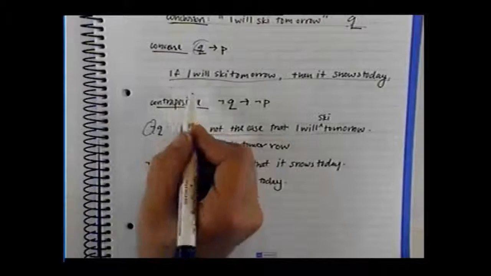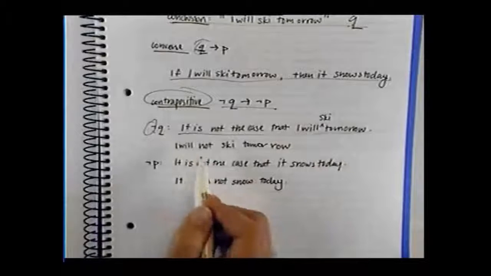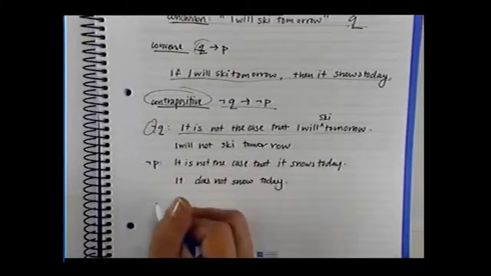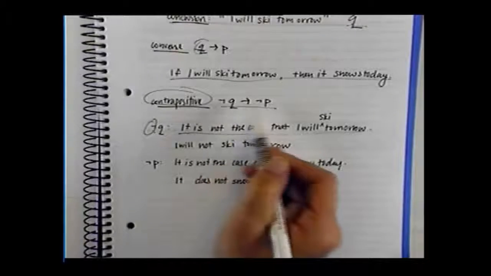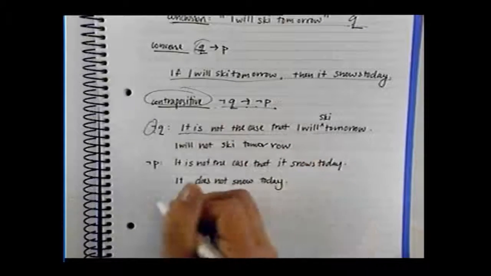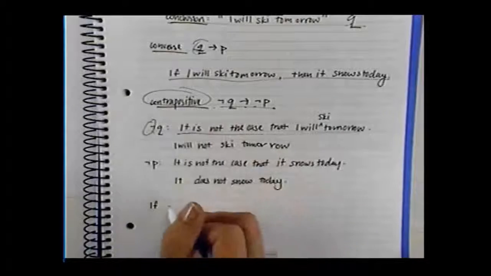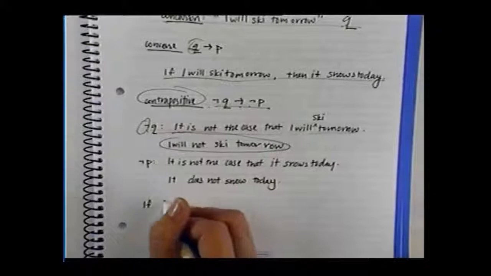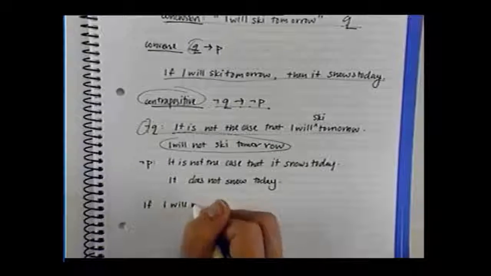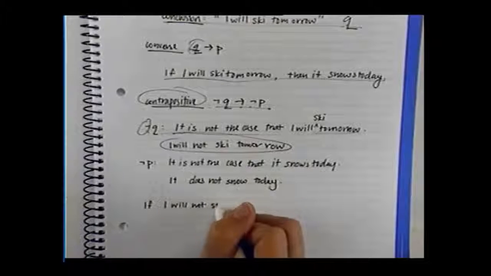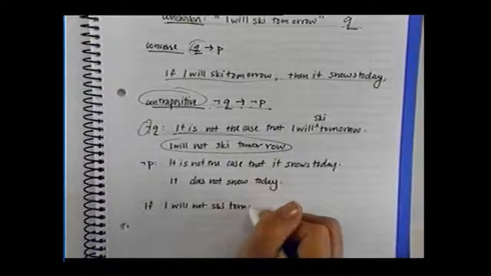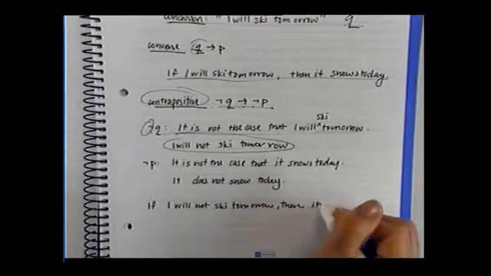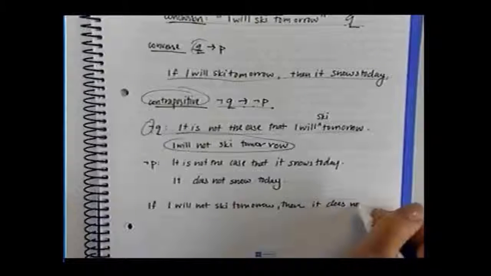Okay. So if we're trying to do the contrapositive then, we're going to piece together these two negated propositions to write an if-then statement. So I'm going to write if not Q, then not P. So if not Q, we said it's simpler to write I will not ski tomorrow. So if I will not ski tomorrow, then it does not snow today.